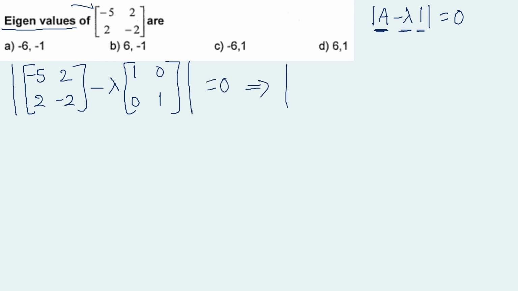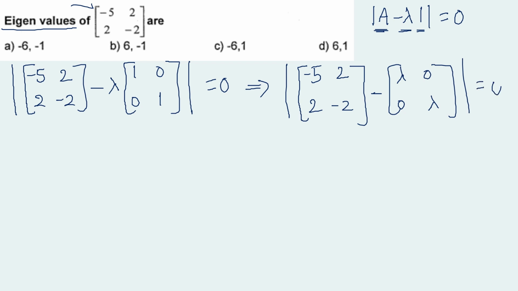That yields determinant of [-5, 2; 2, -2] minus [lambda, 0; 0, lambda] equals 0. Now subtracting these two matrices, just subtract corresponding terms: minus 5 minus lambda, 2 minus 0 is 2, again 2 minus 0 is 2, and minus 2 minus lambda, equals 0.